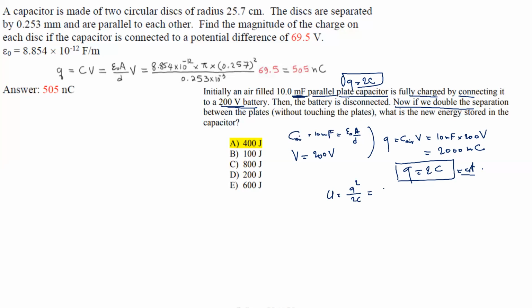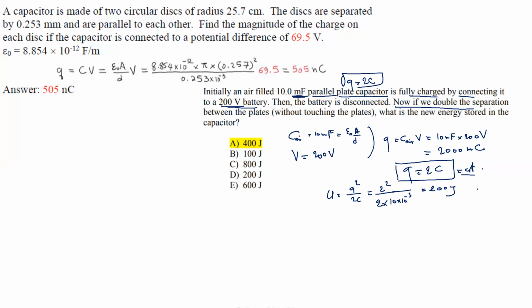Okay, so it will be 2 squared divided by 2 times, what is this? 2 capacitors. So the capacitor is 10 to the power minus 5. Okay. So you will have 200 joule. Do you agree with me?